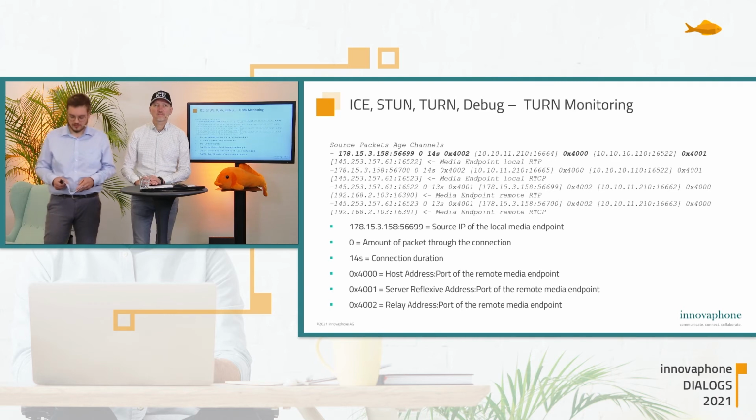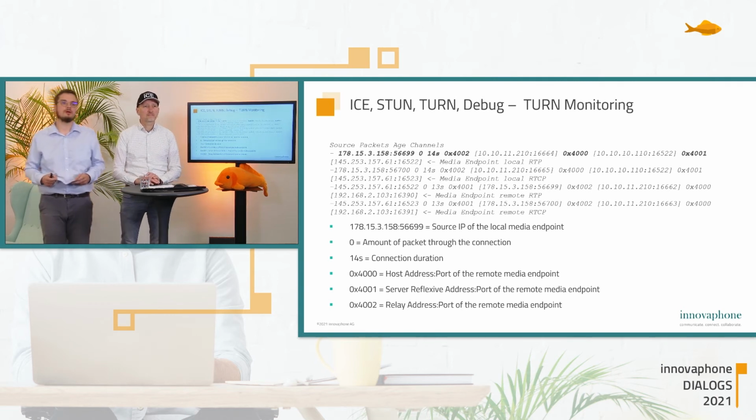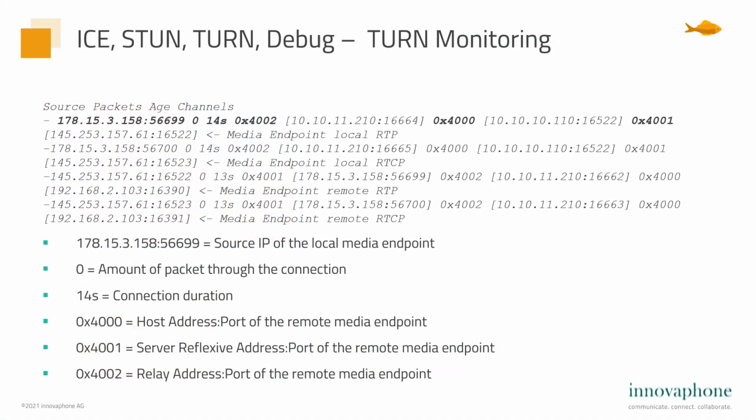So if you are running the TURN server in an innovaphone system, you can see all sessions, so allocated sessions. When the TURN server is relaying the different RTP packets, you will see a lot of lines, a lot of allocated channels, and some information can be relevant and important to understand. The first IP address and port is the source IP of the local media endpoint.